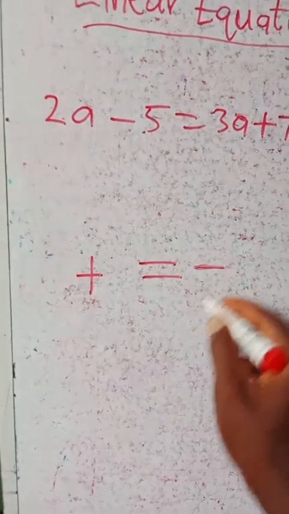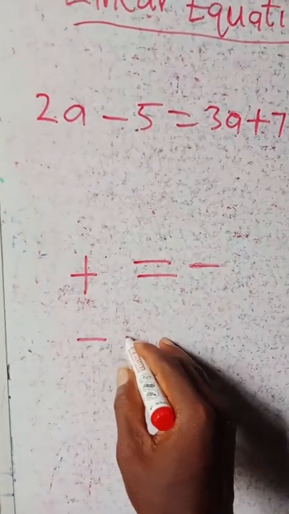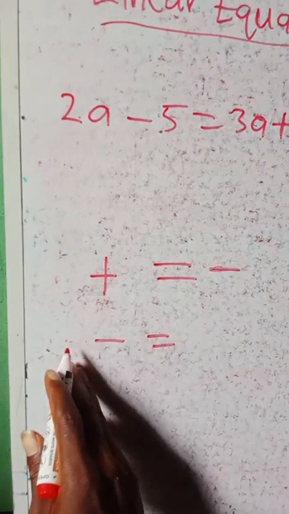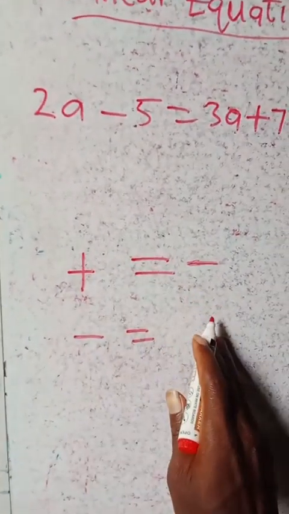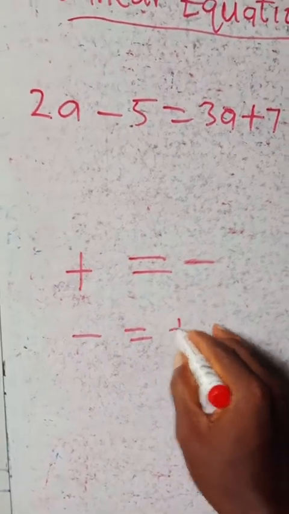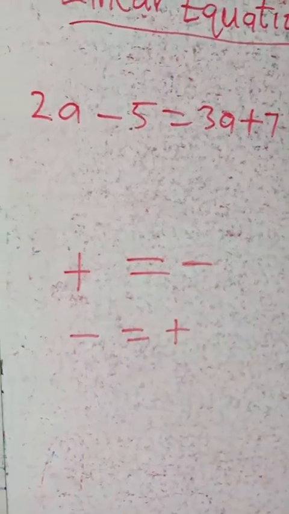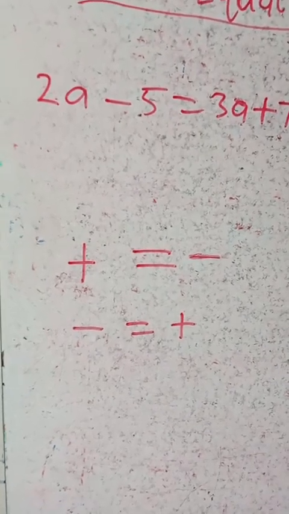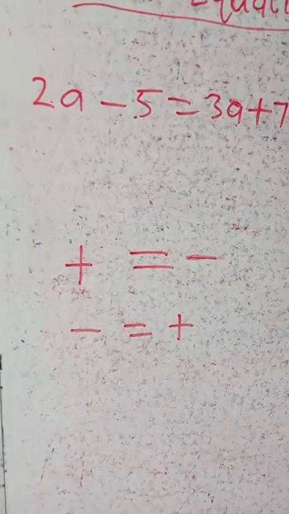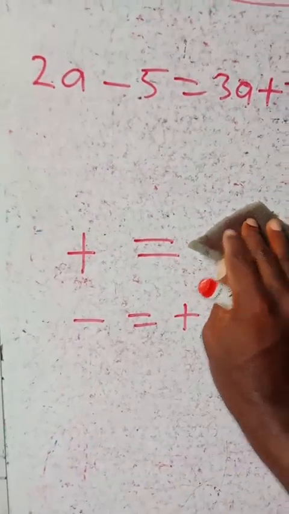That is the rule. The same thing if it has a minus sign on this side and you want to take it to the other side, it will change to a plus. That is the rule. You have to put this at the back of your mind, or at the tip of your index. Very important.